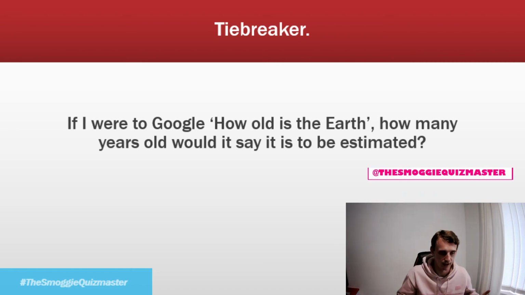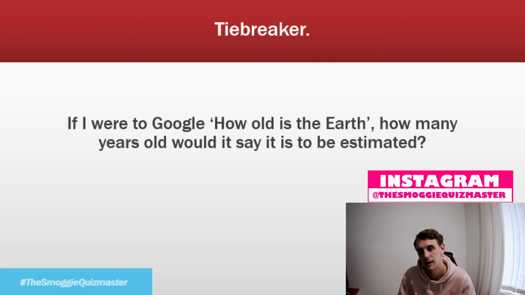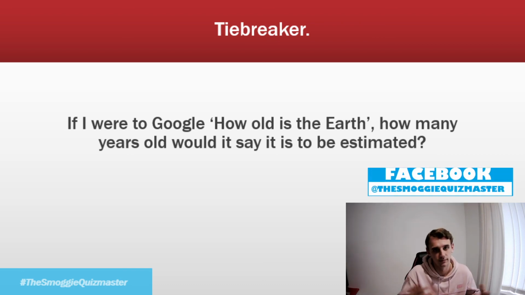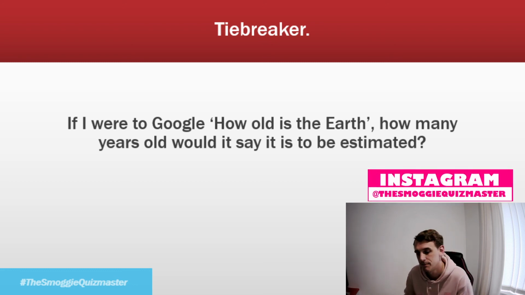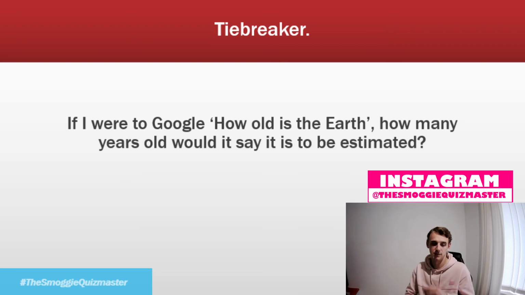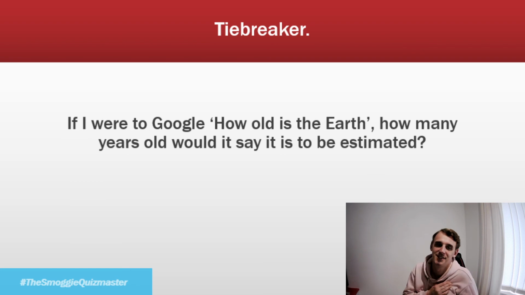But like I say, if I were to Google how many years scientists believe it to be estimated to, then what would it come up with? Closest to the amount of years gets the point. Or just the pride if you don't need any points.